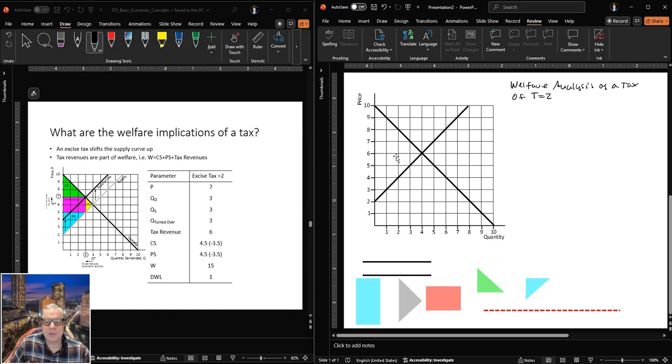So now the market equilibrium price normally would be 6 and equilibrium quantity would be 4, but now we introduce a tax. And what the tax does is it shifts the supply up by 2.